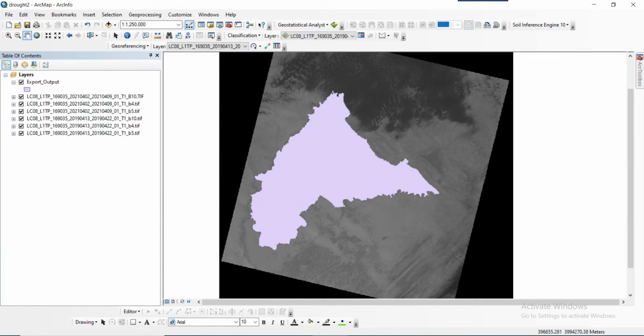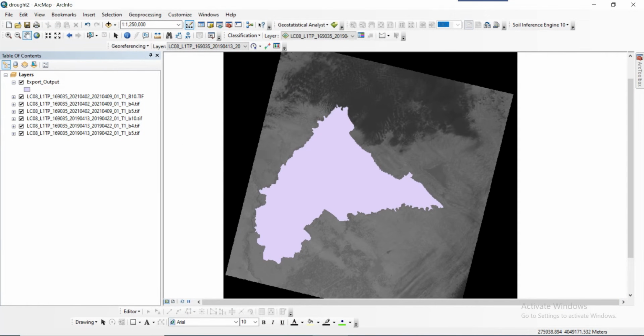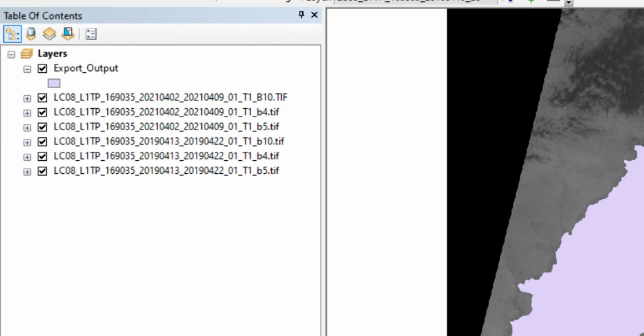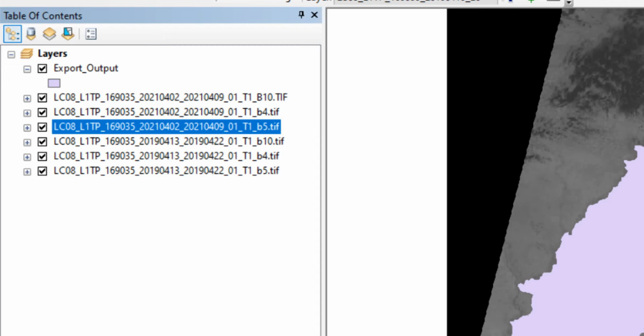For calculating NDVI, we need two different bands, which are band 4 and band 5 if we have Landsat 8. If we have Landsat 7, 5, or 4, we have to use band 4 with band 3 instead of band 5 and band 4.